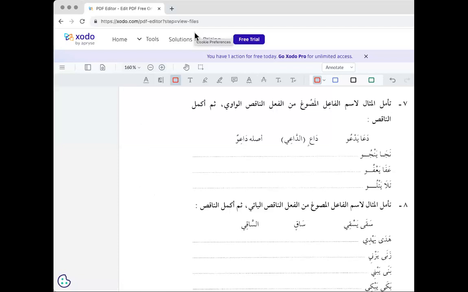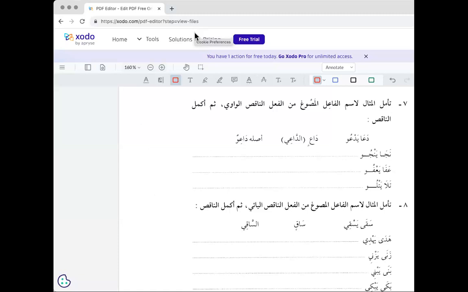You don't say da'iyun, you say da'in. Okay? Unless you have alif or lam, in that case, the ya will reappear. And you will say ad-da'i.